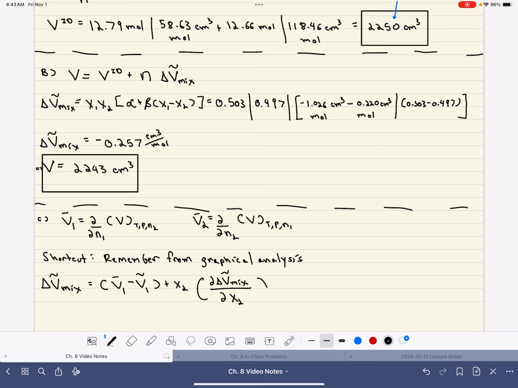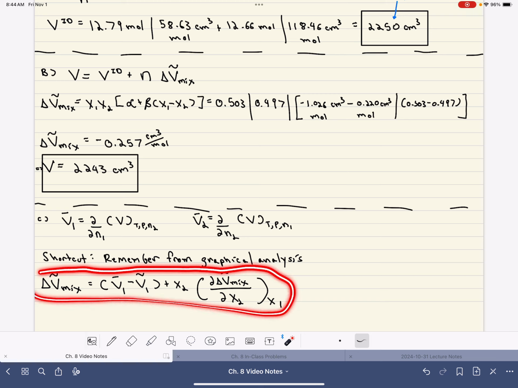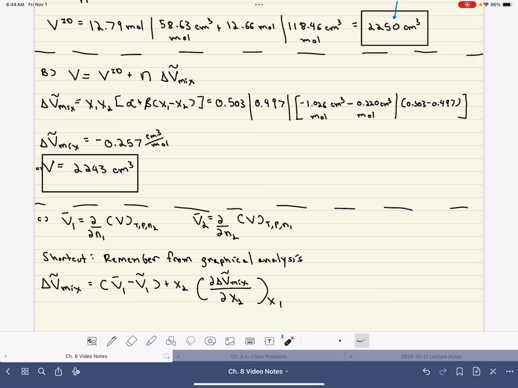And this relationship, we derived it not really making any assumptions, so this was a generic relationship.